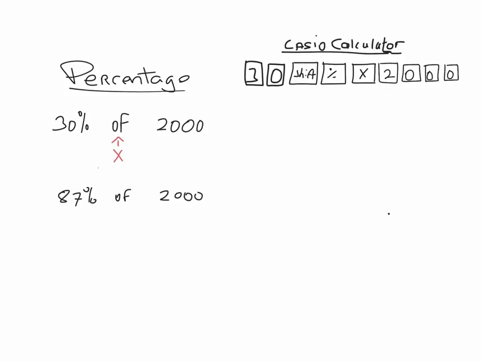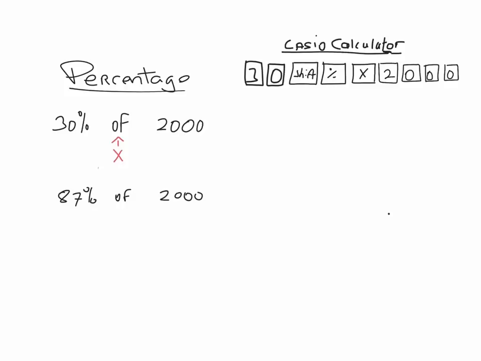So 30% of 2000, well, 30% is close to 33%, which I know is 1/3. So roughly the answer is going to be 1/3 of 2000, which is 600 and something. So I can check at the end to see if my answer was close to that.